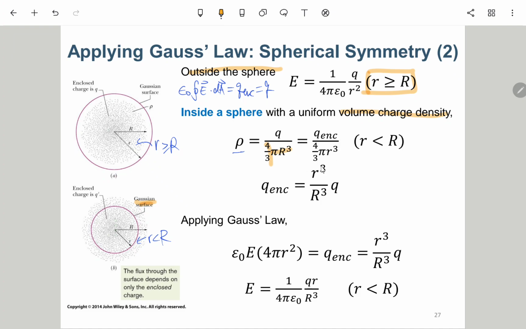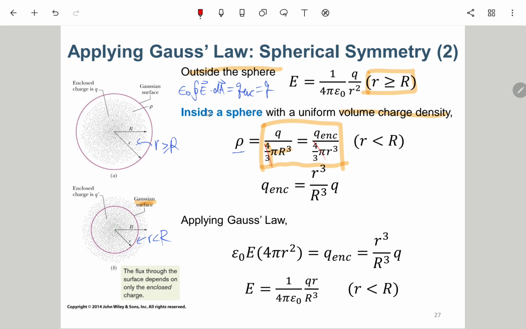In such a way, we get Q enclosed equals Q times r cubed over capital R cubed, because we can cancel the 4/3 pi on both sides.